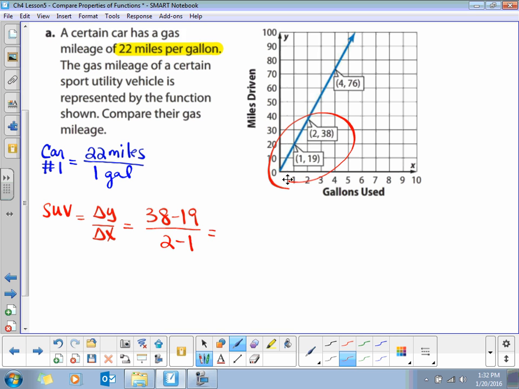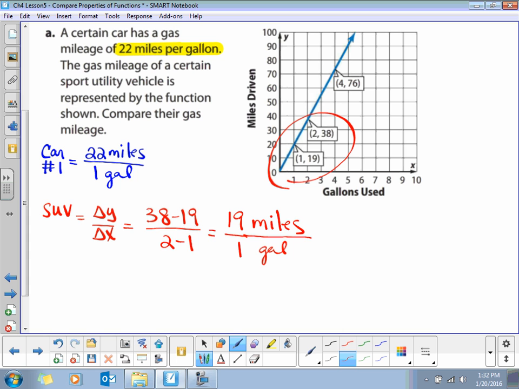So 38 minus 19 is 19, right? 2 minus 1, 1. Now up here, this is the y value. Which one is the y? Gallons or miles? Very good. So this is going to be 19 miles. And down here, the 1 is the gallons. So the SUV gets 19 miles per gallon.